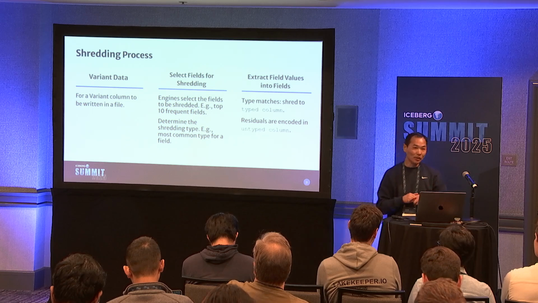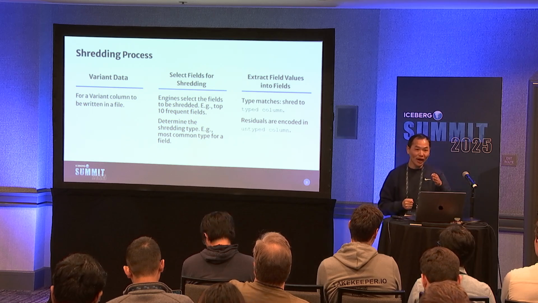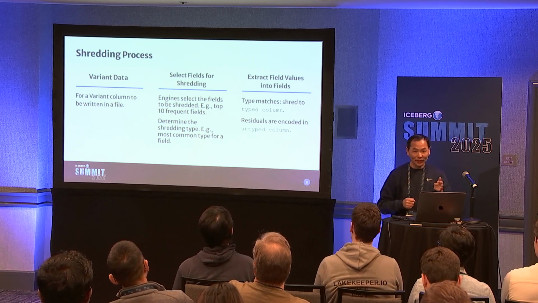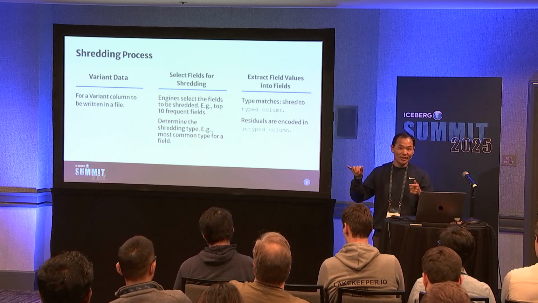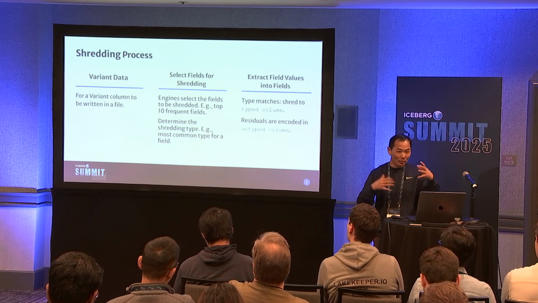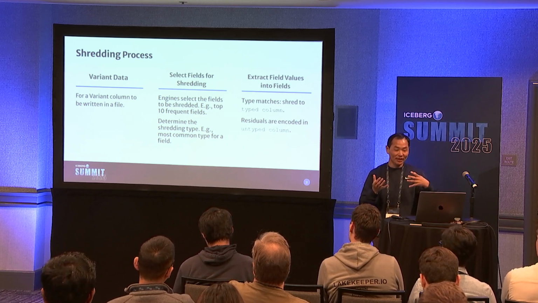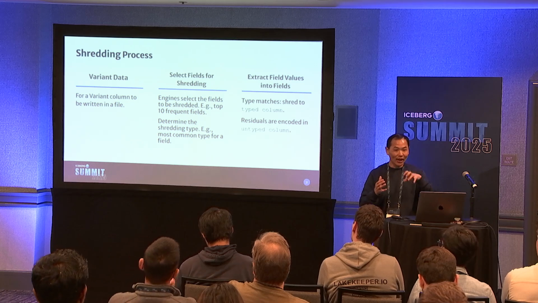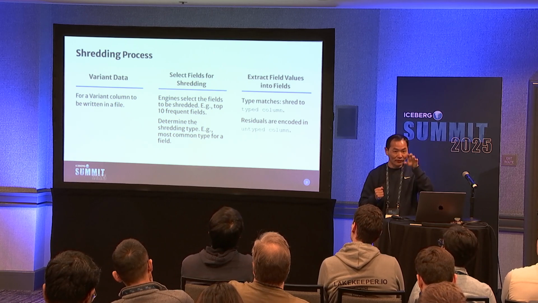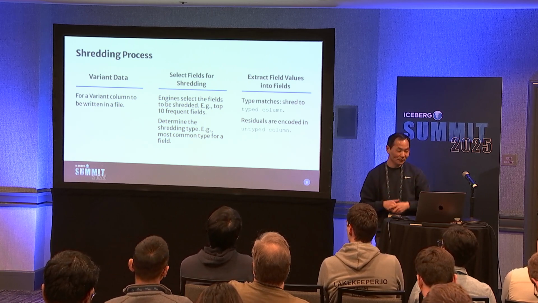So it's possible that in file 1 it's shredded as a string, and in file 2 it's shredded as an integer. It's based on the type inside that field in each file that we do the shredding.